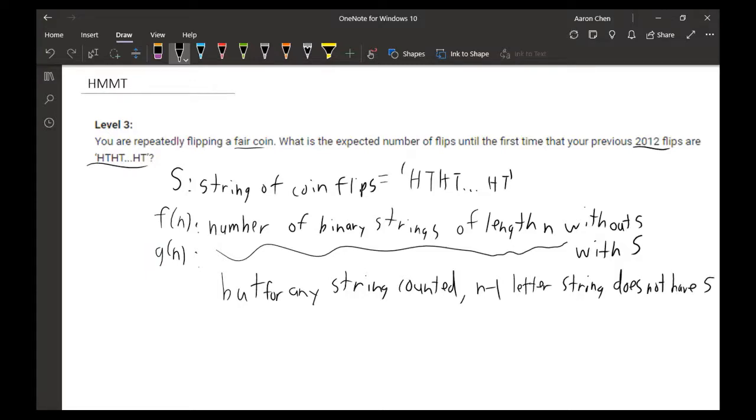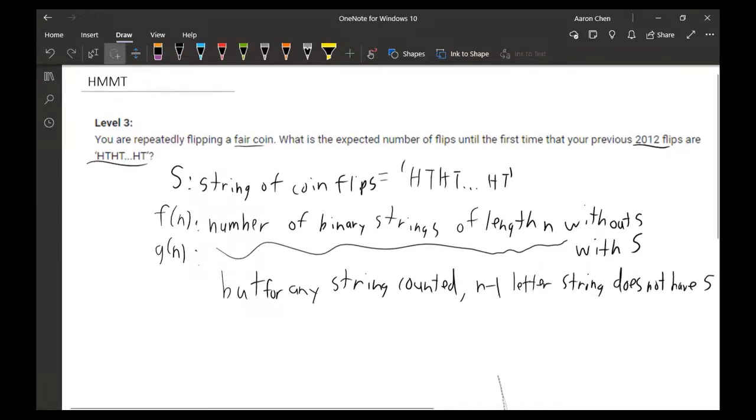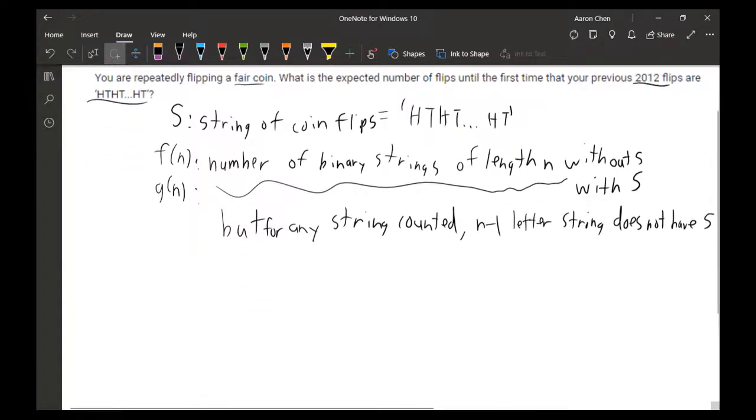In other words, g of n is counting the number of strings such that s appears for the first time at the nth flip. So yeah, now we can find a way to relate f of n and g of n.